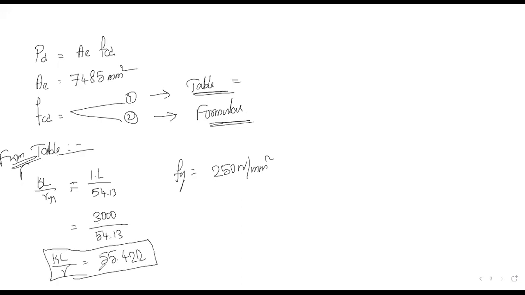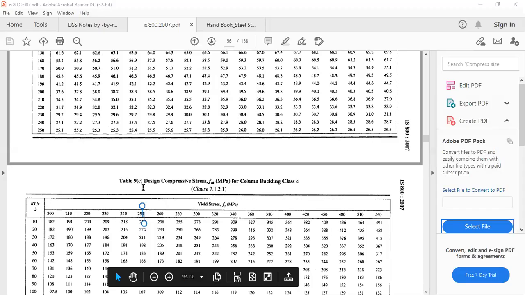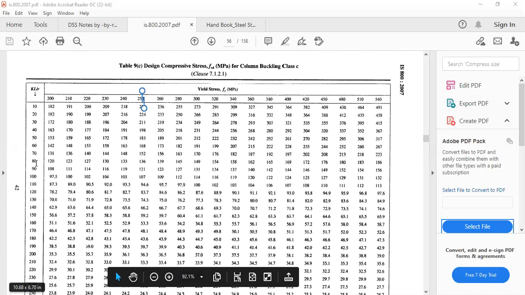Corresponding to this value, what is the value of FCD? That we have to check from the table. So from table 9C, the value of 55.42 we can take as 55.